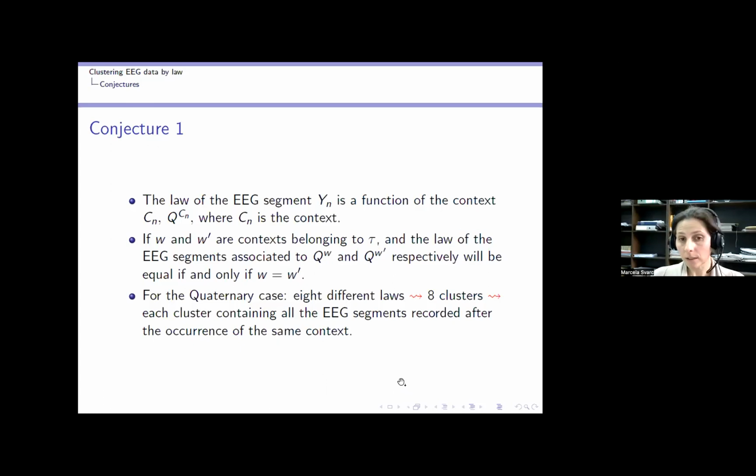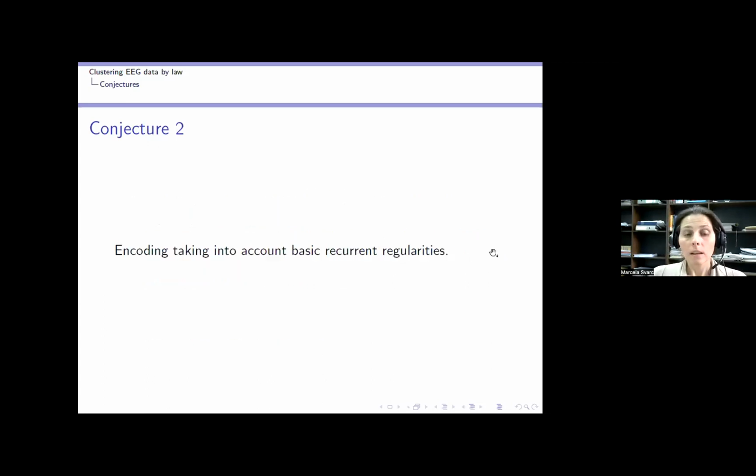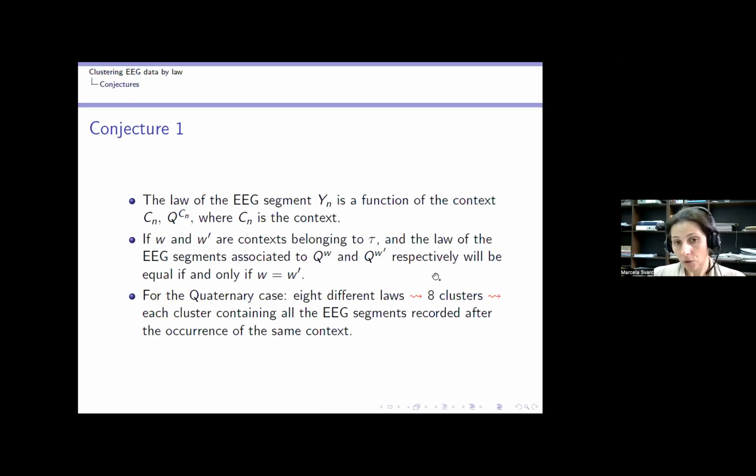So for the quaternary case, that is the tree that I showed you before, we have 8 different laws, which are the 8 different clusters. Each cluster contains all the EEG segments recorded after the occurrence of the same context. So we are classifying the contexts, but we are classifying them according to what we see in the EEG segments. So this is the first conjecture.